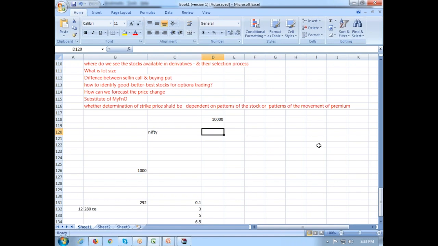Okay, what should be the price of an 11,000 put option? Those who have a bit of understanding, without knowing the prices, if you don't know pricing, you can choose to ignore the question. But if you have the idea, what should be the price of an 11,000 put option? At least 1,000. It should be at least 1,000.